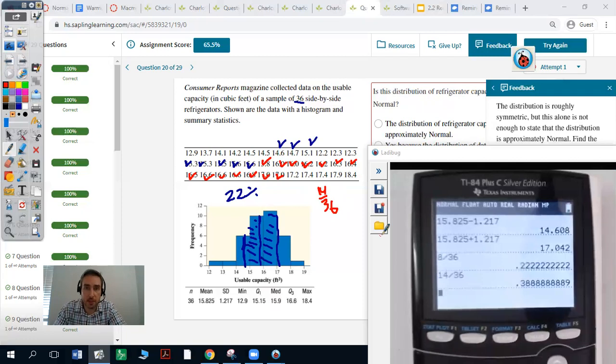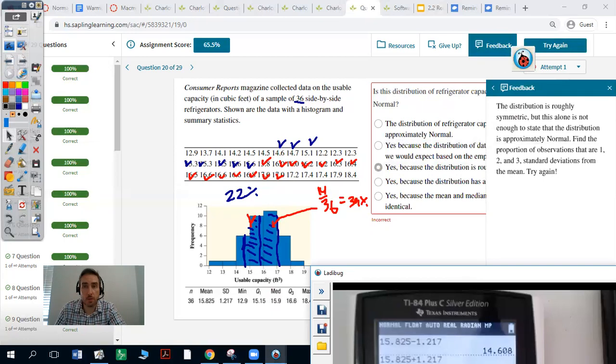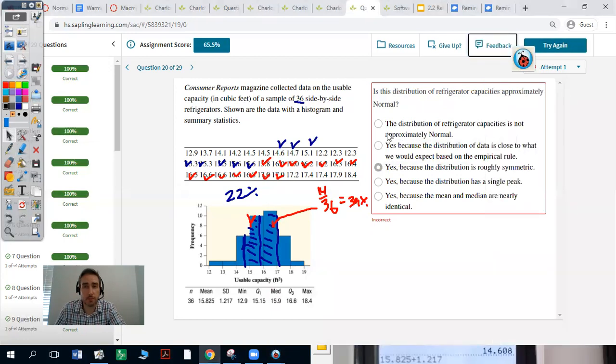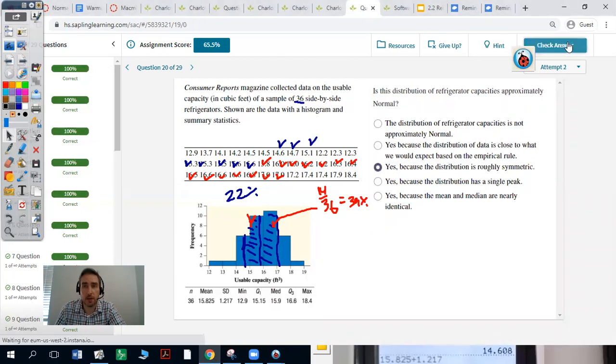Look at that discrepancy, right? That's about 39%. So it does have some symmetry, but there's a little bit less going on here than there is here, right? So I think my thought process for just looking at the symmetry is not quite where it needs to be. I would not say it's normal. It's not approximately normal. So let's try that again.